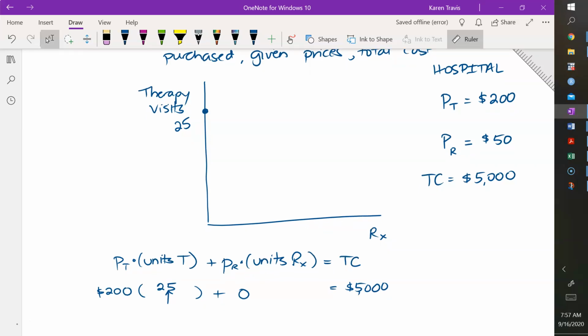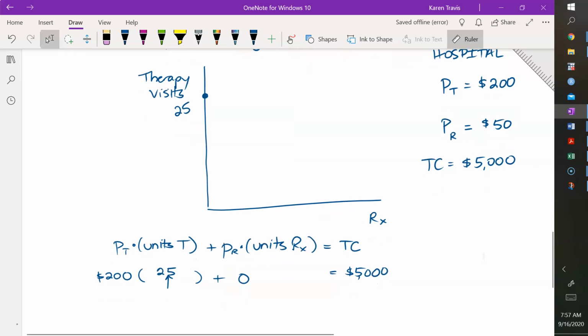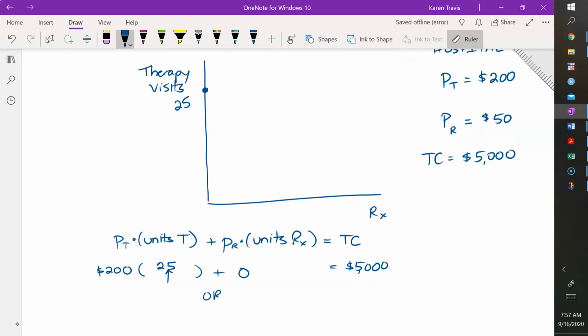Now on the other axis, another possible combination would be that I buy 0 units of therapy and I only spend the $5,000 on purchasing prescriptions. And if I did that, we have $50 times our unknown units of prescriptions equals $5,000.